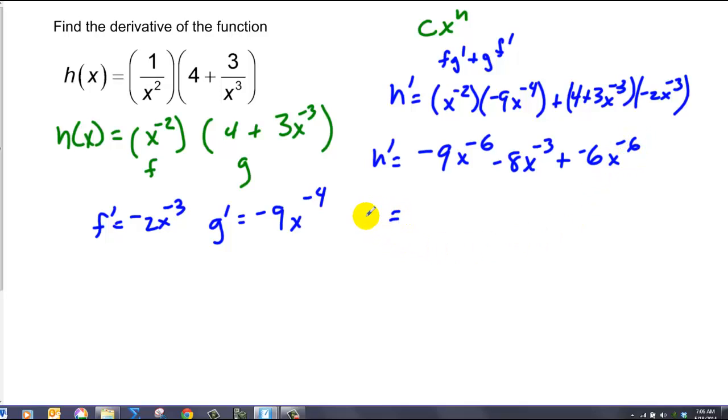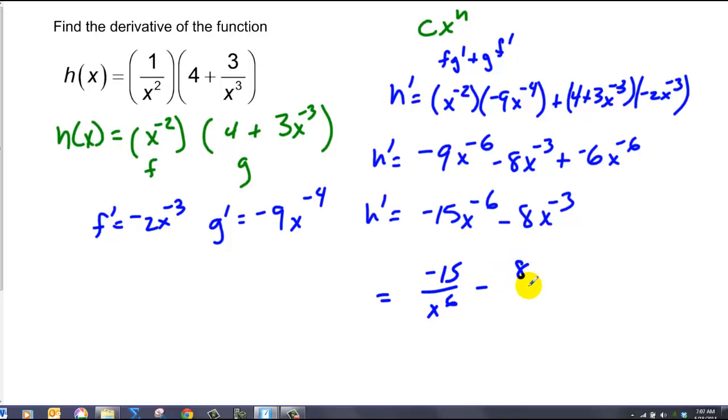I can add some like terms, so the derivative is negative 15x to the negative 6 minus 8x to the negative 3. If I wanted to clean that up a little bit, negative 15 over x to the 6 minus 8 over x cubed. And that's my derivative.